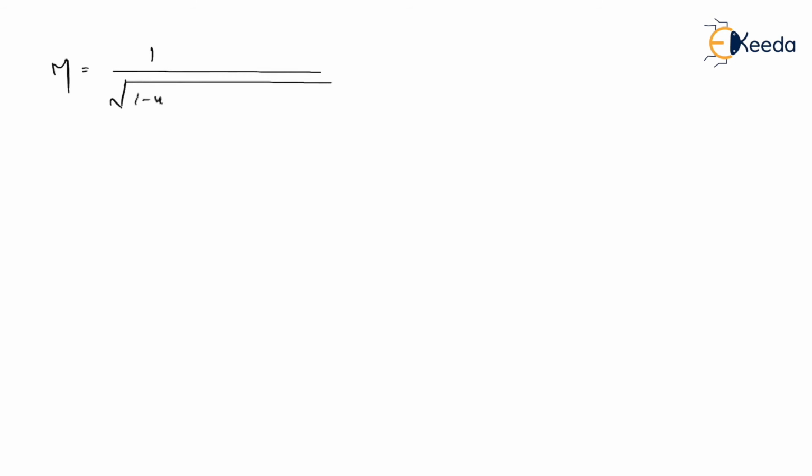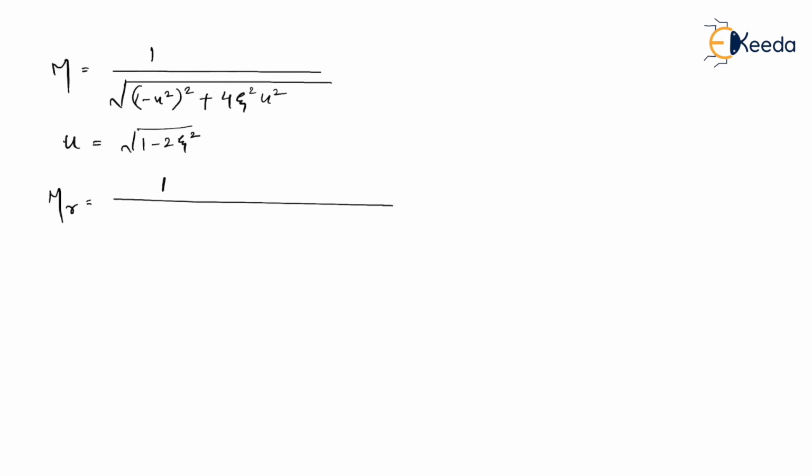So 1 minus u square the whole square plus 4 zeta square u square. So let me substitute the value of u to be under root of 1 minus 2 zeta square so as to get what? Mr. That is equal to 1 over... So now what is going to happen?